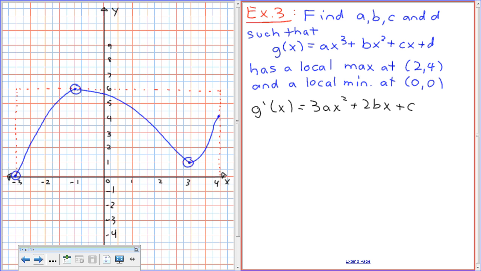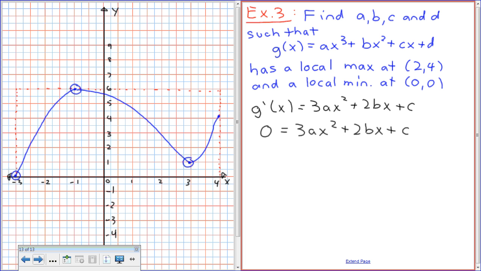So we know this is equal to 0. When do we know this is equal to 0? When is that equal to 0? When x is what? Yeah, good.